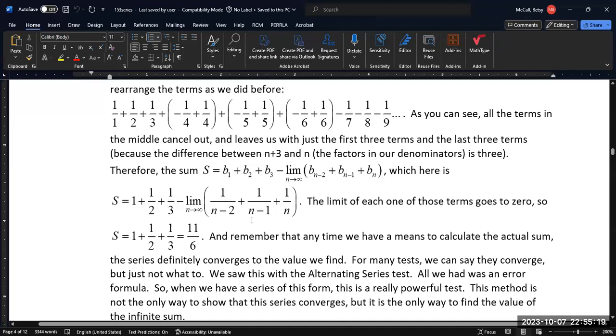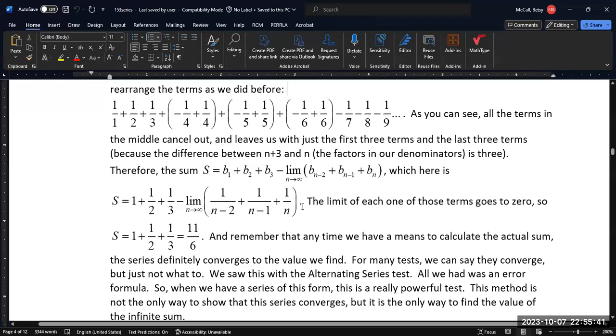You can write these as n plus 3, n plus 2, n plus 1, that's fine. The behavior in the limit is not going to matter as you go to infinity, whether you're counting them as n plus 3s or n minus 1s or whatever. Infinity minus 1 is still infinity.